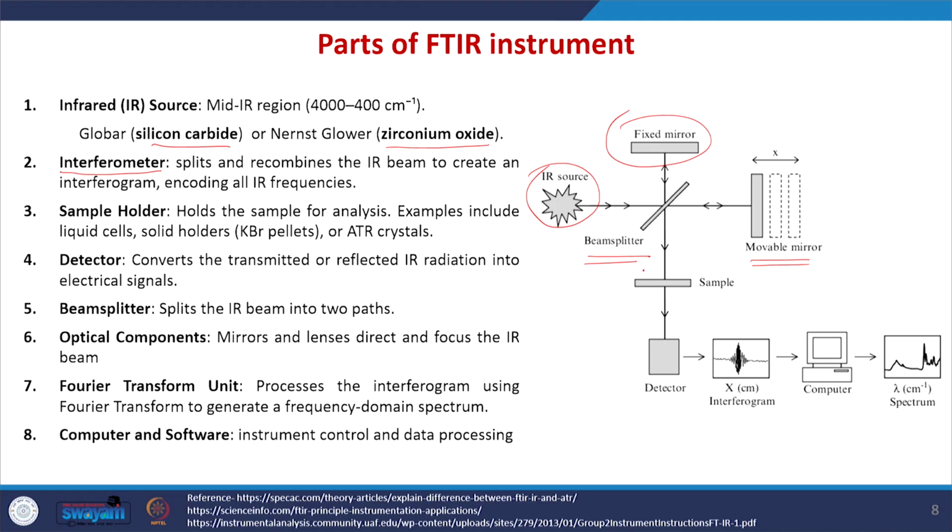The beam splitter divides the incoming light beam into two parts. One part goes to the moving mirror and the other part reflects to the stationary mirror, and both the mirrors reflect the light back to the beam splitter. Then the beam splitter recombines the two beams and sends them through the sample chamber. Then from the sample chamber it goes to the detector.